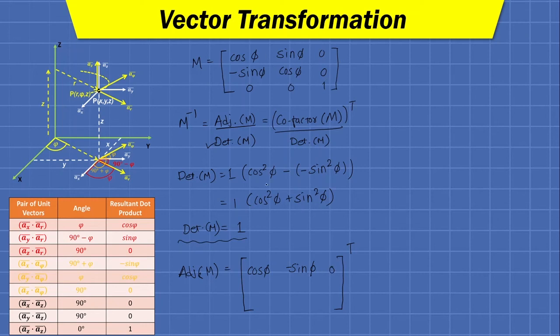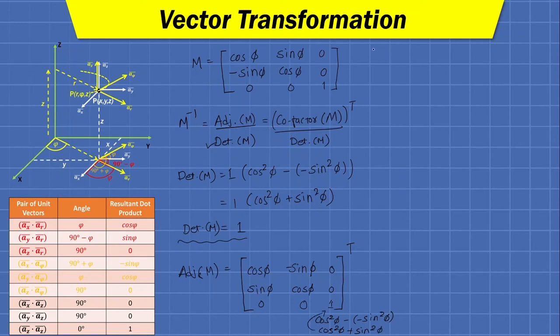Similarly, finding the cofactors of the other elements, this will be sin phi, this will become cos phi, this will become 0, this will also become 0, this will become 0, and this will become 1. But how 1? It will be cos square phi minus minus sin square phi, which is nothing but cos square phi plus sin square phi, which results in 1.